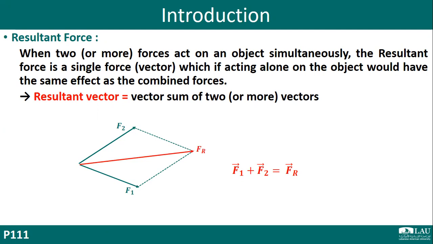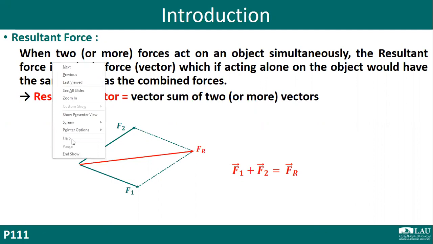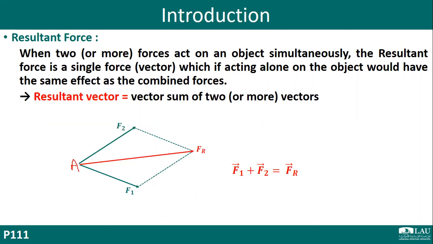We need to construct a parallelogram using F1 and F2 as two sides. The diagonal of this parallelogram passing through the emerging point, point A, represents the resultant force Fr.